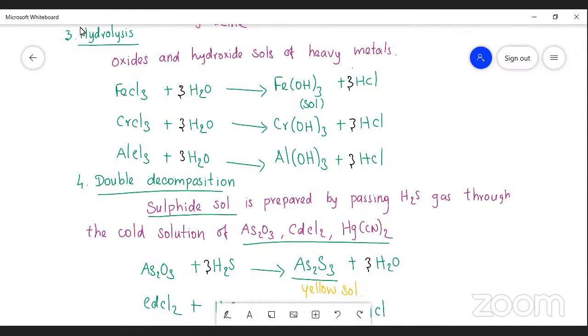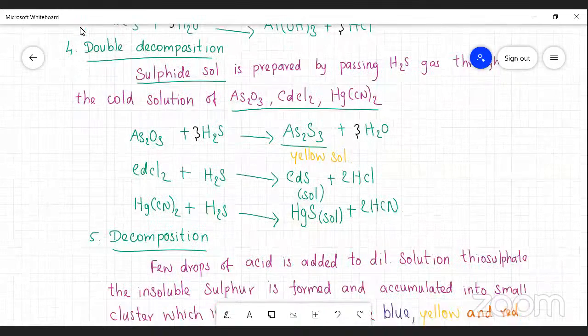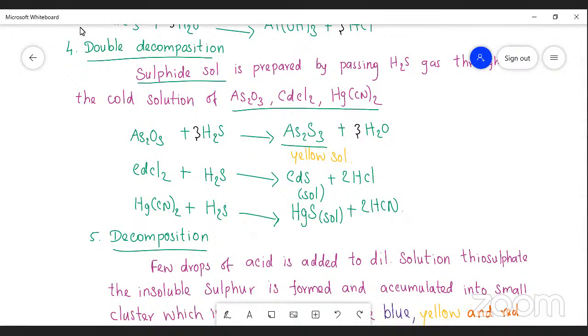The next is double decomposition. In double decomposition, we prepare sulfide sols by passing hydrogen sulfide gas through a cold solution of arsenious oxide, cadmium chloride and mercuric cyanide. We get the sulfides of arsenic, cadmium and mercury.